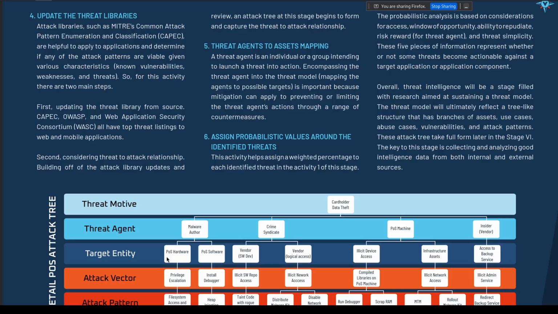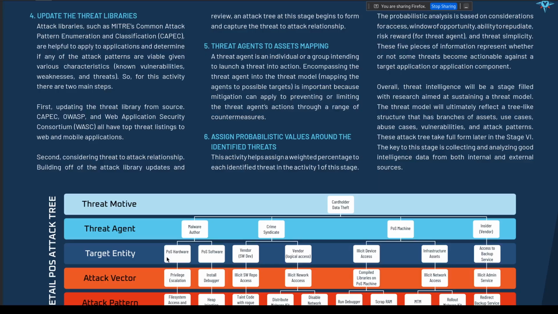You need to curate your threat library in order to accommodate your application. And then the fifth activity is threat agents to asset mapping. So here we will first try to identify the possible threat agents who pose a risk to us.